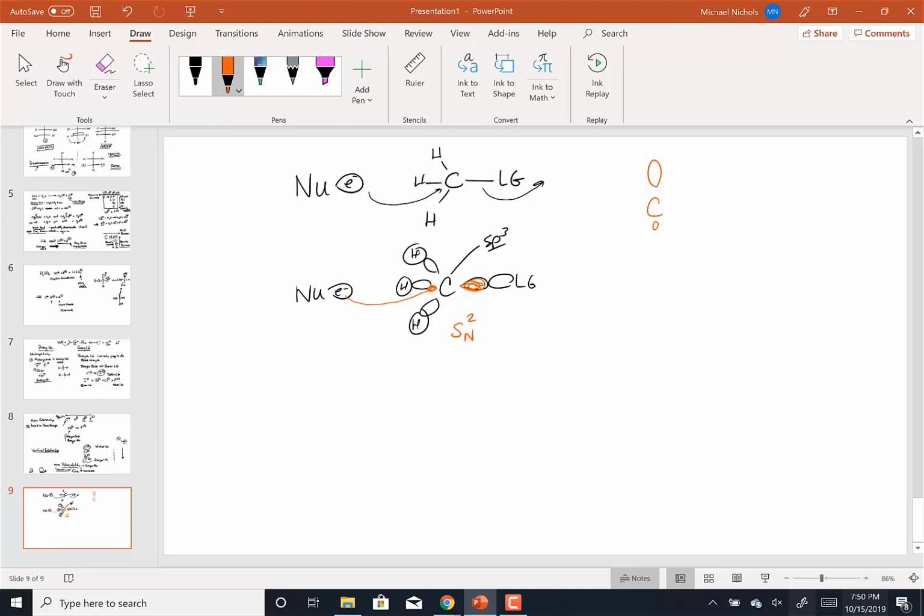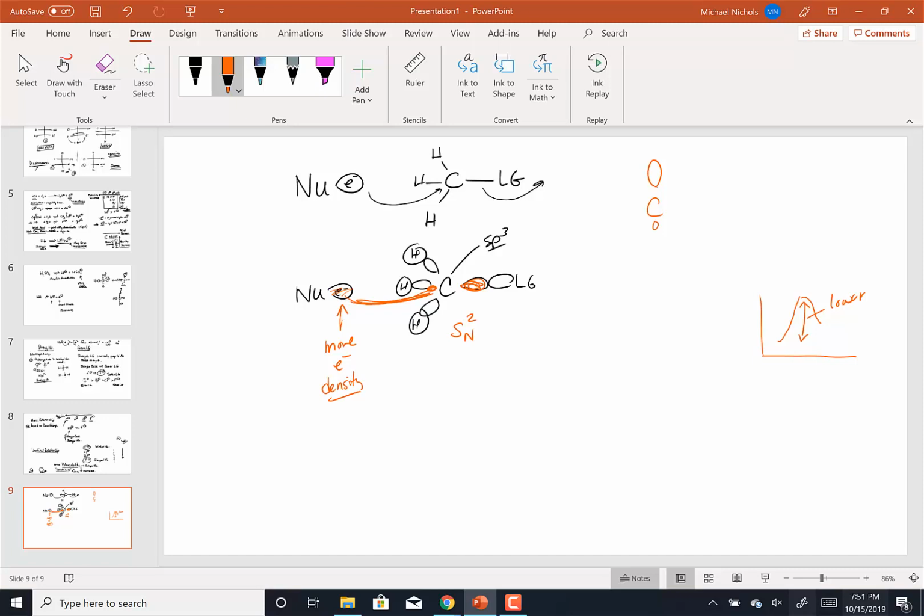Well, the more electron density that I can put into that lobe of the nucleophile, so the more electrons I can put per volume, the stronger the bond will be as the nucleophile comes in and attacks that carbon from the backside. What that means in terms of the energy diagram is that the more electron density I can put into this lobe, the lower the activation energy, or the lower the transition state energy.